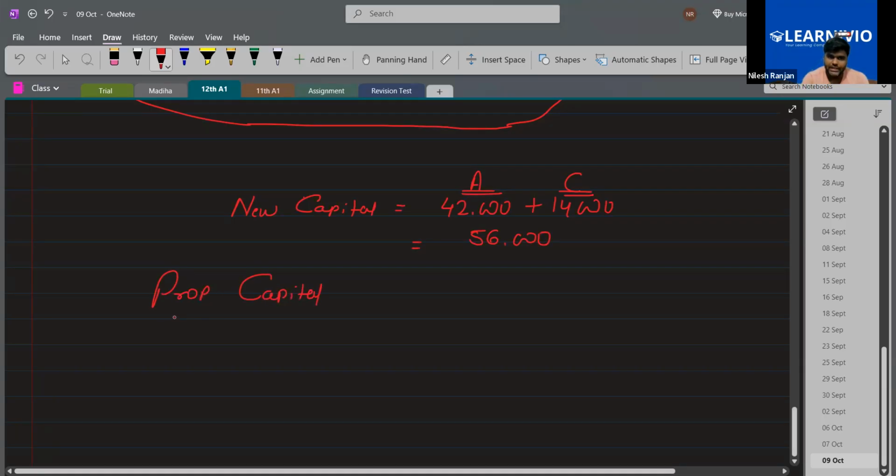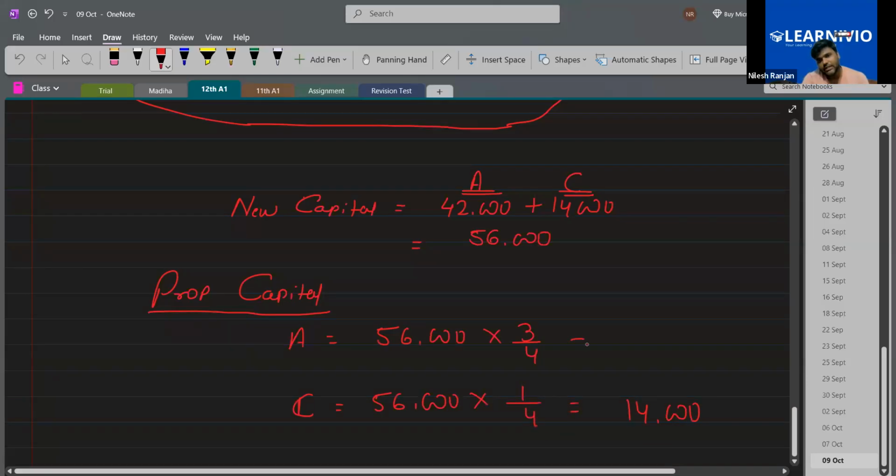Now, proportionate capital. This total capital we have calculated will be distributed. So A 56,000 into 3 by 4, and C 56,000 into 1 by 4. So it is again 42,000 and 14,000.